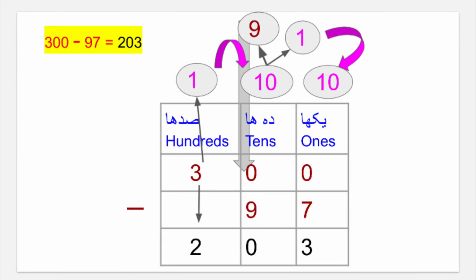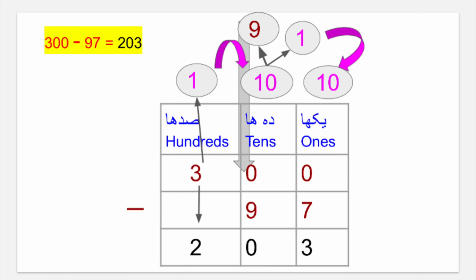I'm going to put 300. The ones are 0, tens is 0, and hundreds is 3. And 97: 7 is ones, and 9 is under the column of tens. So we want to take ones from ones, tens from tens, and hundreds from hundreds. We start with ones. There is 7 ones.